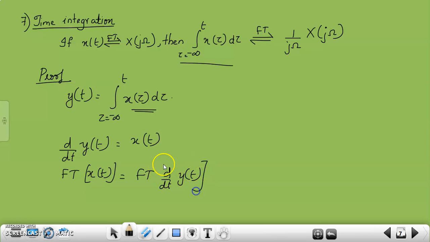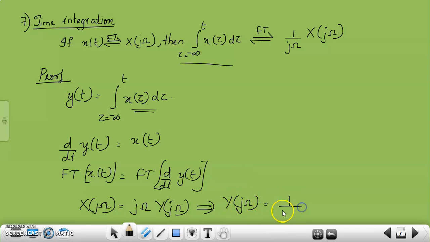I can write the Fourier transform of x of t as x of j omega according to the statement, and the Fourier transform of d by dt of y of t is equal to j omega times y of j omega according to the time differentiation property. From this equation, y of j omega is equal to 1 by j omega times x of j omega.